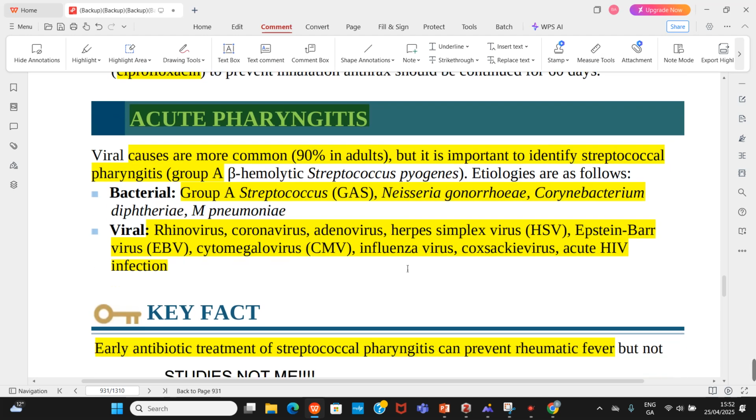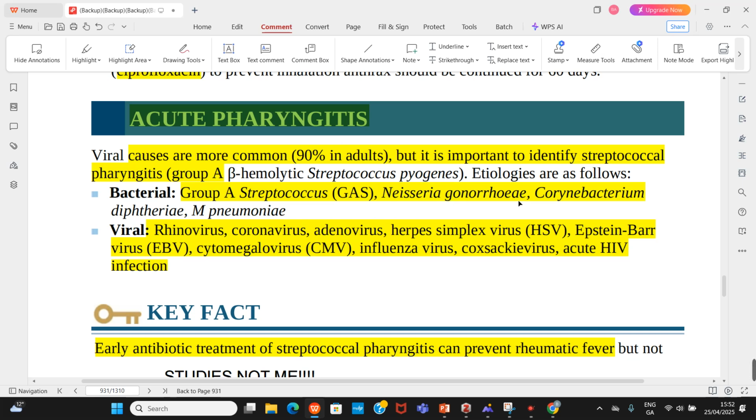Okay, so moving on to acute pharyngitis, and the commonest cause of acute pharyngitis is just viral. Most of the time, it's self-limiting, but sometimes it could have some bacterial origin, maybe from GAS, which is our group A strep, Streptococcus pyogenes, or it could also follow other bacteria like Neisseria or even Corynebacterium diphtheriae.